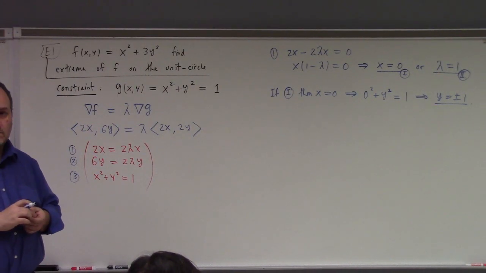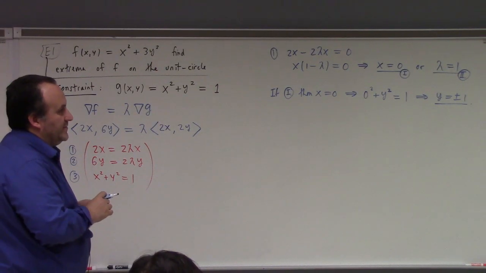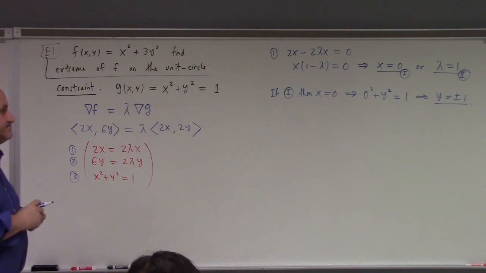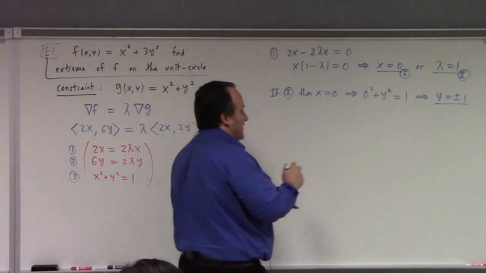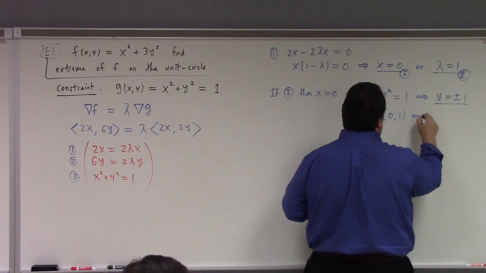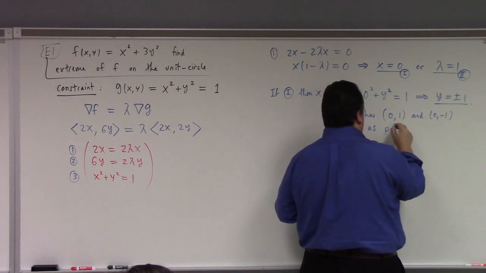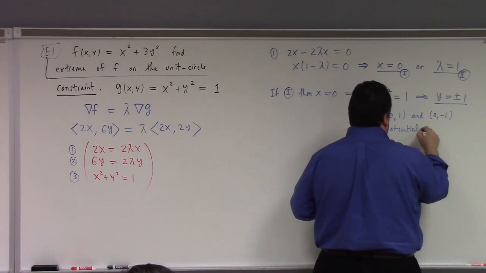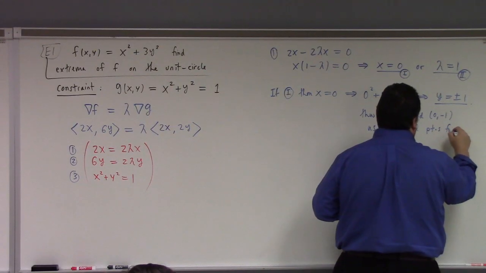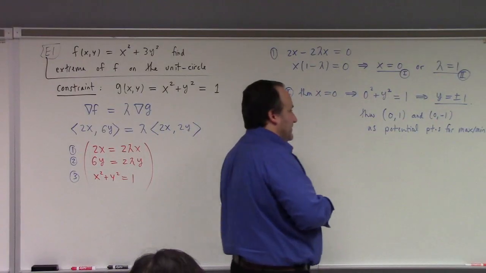I'm not doing lambda equal to 1, I'm doing case 1. So we find (0, 1) and (0, minus 1) as potential points for max and min. They're possible extremal points for our objective function, right?